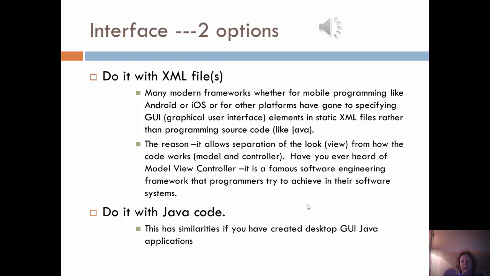And that's the case here. So the interface design is done in XML. That's an option. It's a good option because we're separating it from the more dynamic code. Okay? It's not necessary, and there's times when you want to dynamically change an interface.